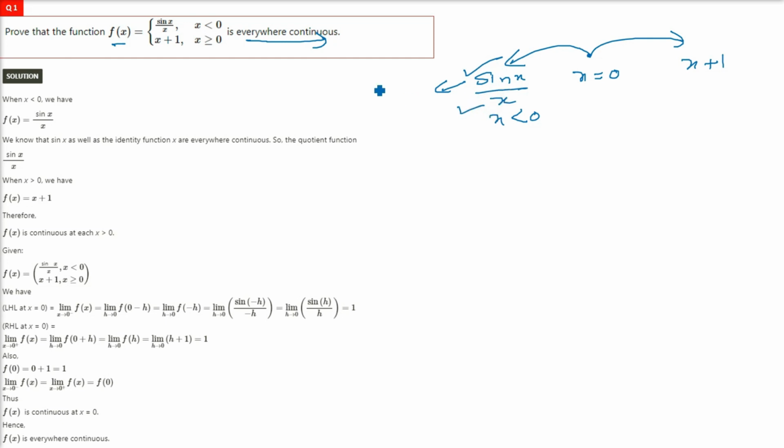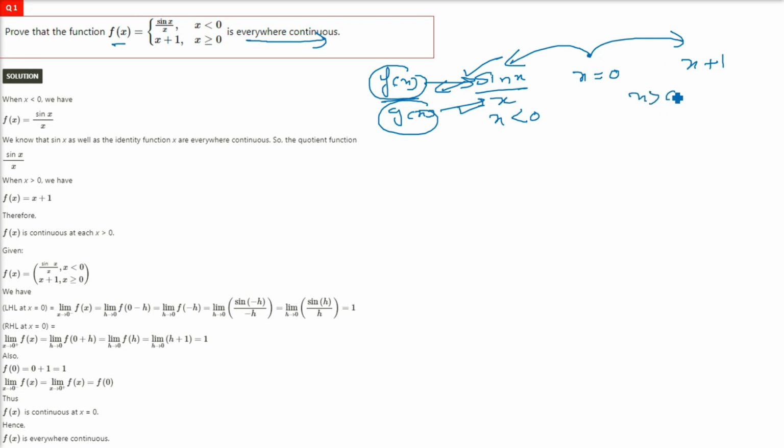So for division, you can call the numerator f(x) and the denominator g(x). So f(x) by g(x), if g(x) is not equal to 0, then it is continuous. F(x) and g(x) both are continuous. So this is what you have to write. You can call it a quotient function because it is of the form f by g.